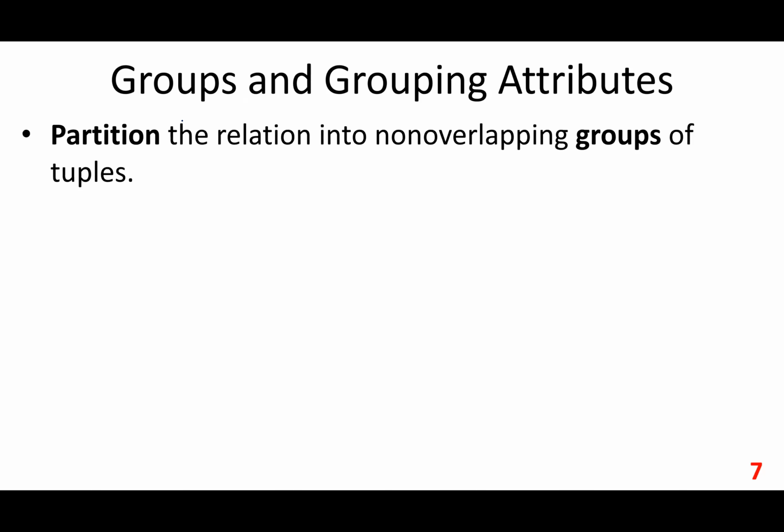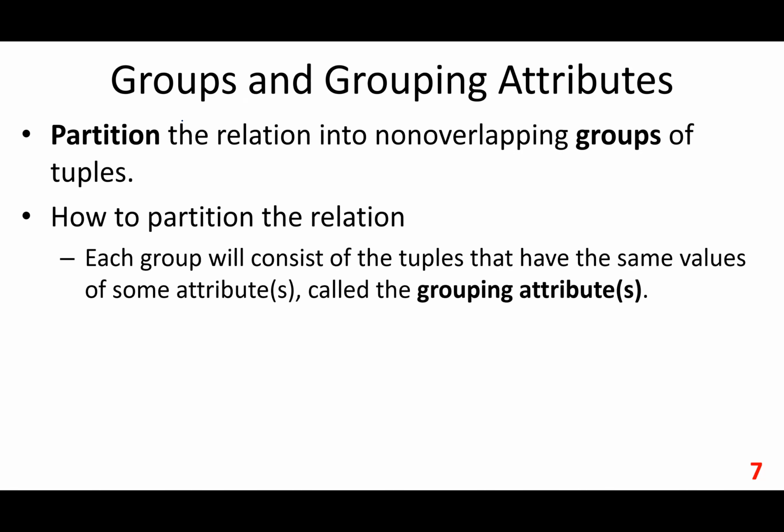Groups and grouping attributes: partition the relation into non-overlapping groups of tuples. How to partition the relation? Each group will consist of the tuples that have the same values of some attribute or attributes.